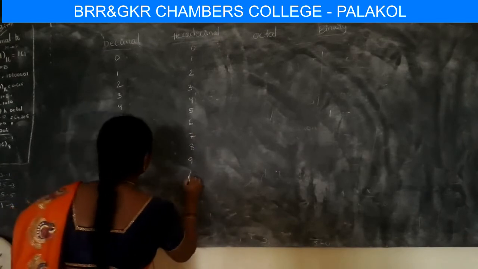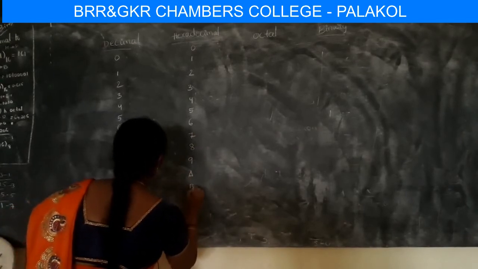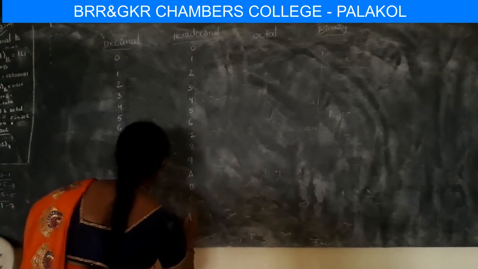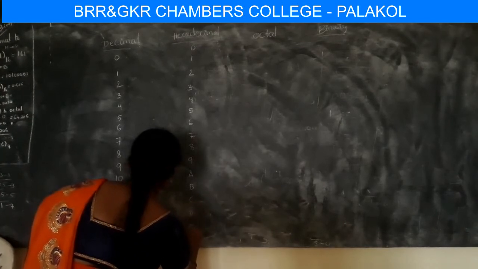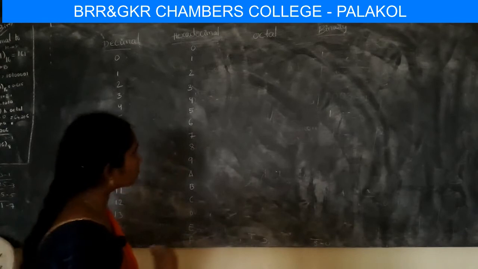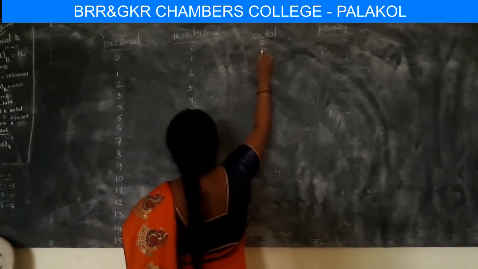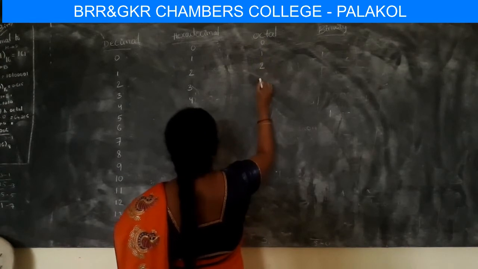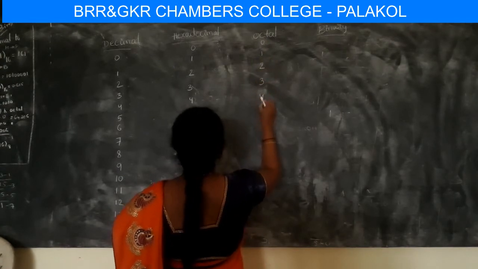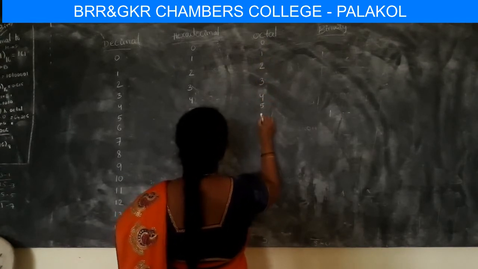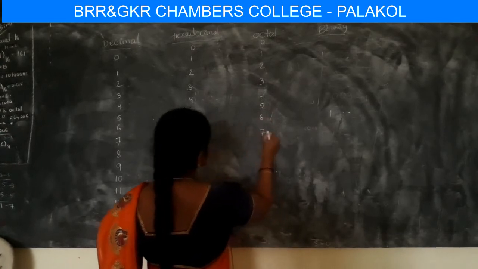After that capital A, B, C, D, E and F, and octal numbers are from 0 to 7. So those are 0, 1, 2, 3, 4, 5, 6, 7.